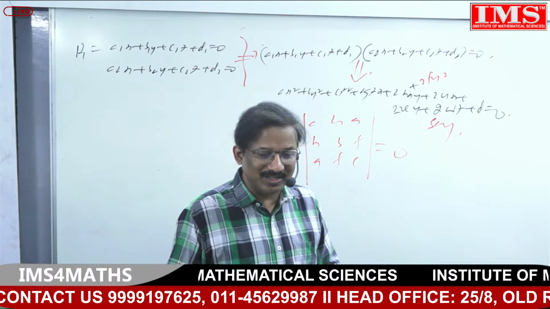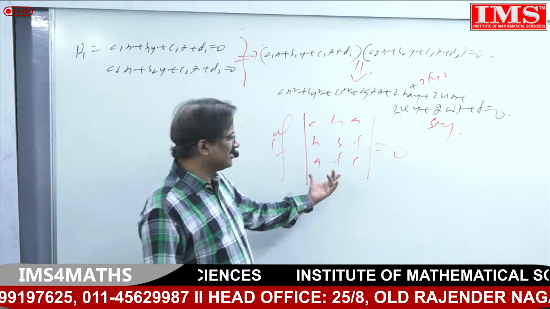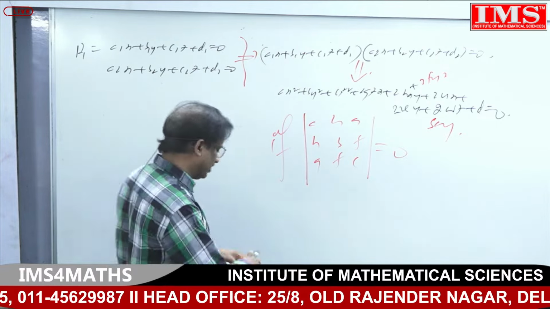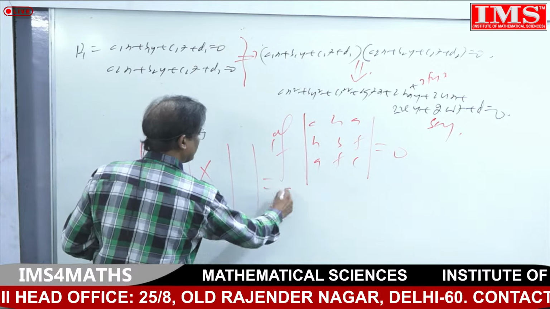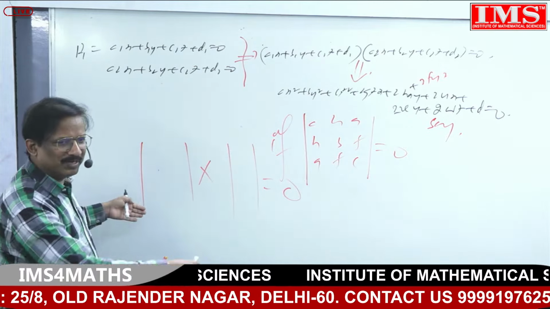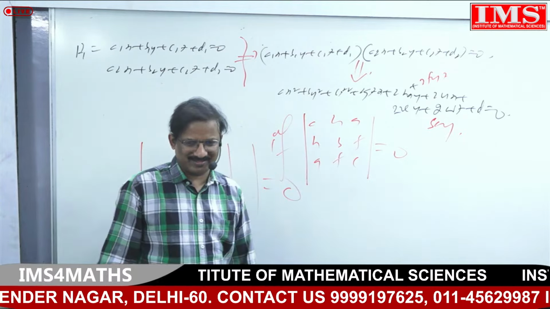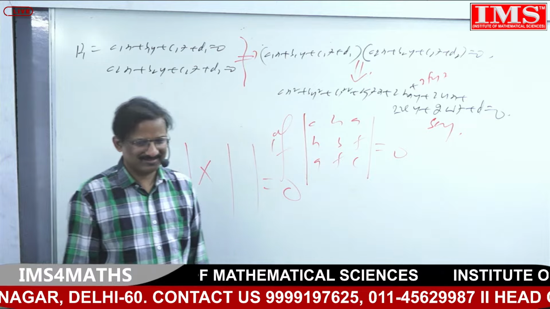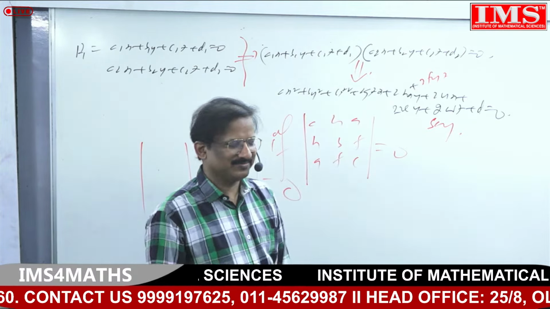I told only information that you studied in 12 somewhere. And this kind of information can't come directly. You can get what? There's a determinant. The product of the two determinants is coming out to be 0. And row by column you multiply, or row by row you multiply. So you will get this kind of equation. We have reduced this equation into this determinant form. Yes, it is possible.